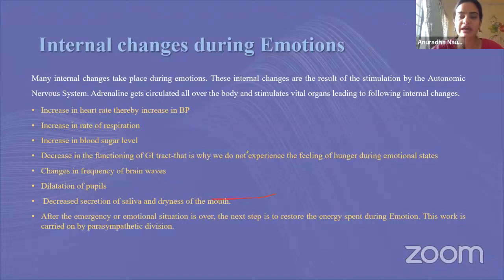That work will be carried out by the parasympathetic division of the autonomic nervous system, which will lead to decrease in heart rate, more saliva in mouth, decrease in respiration rate. You'll feel hungry again. Your eyes will get relaxed, your body will get relaxed. So these are the internal changes that can happen during emotions, while experiencing emotions, as well as after the emotional experience is over. Any questions?